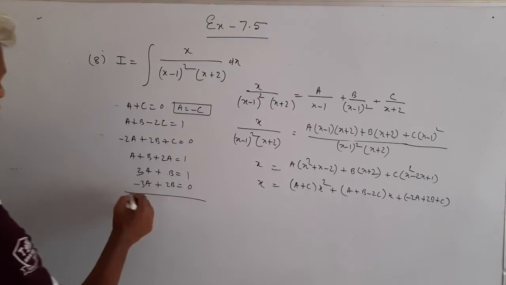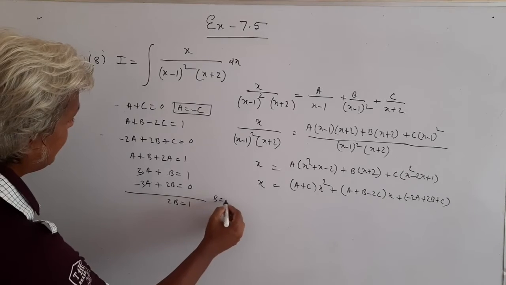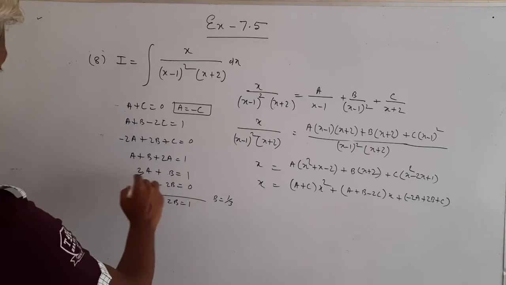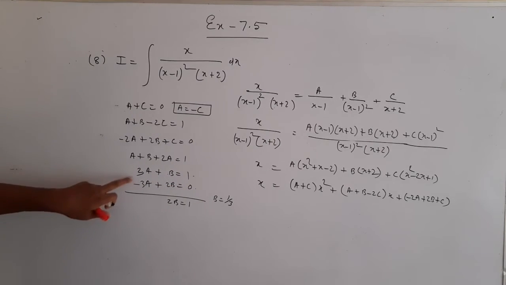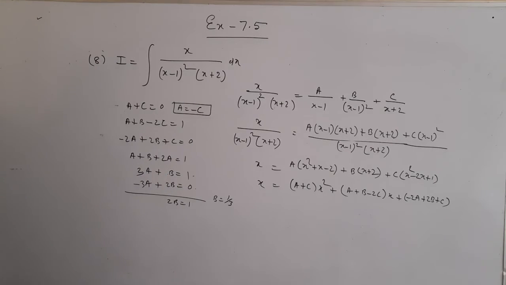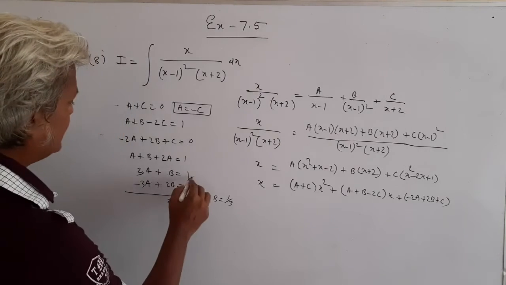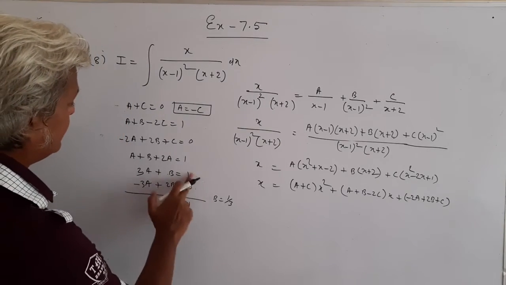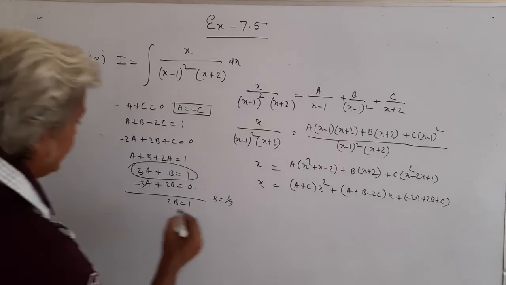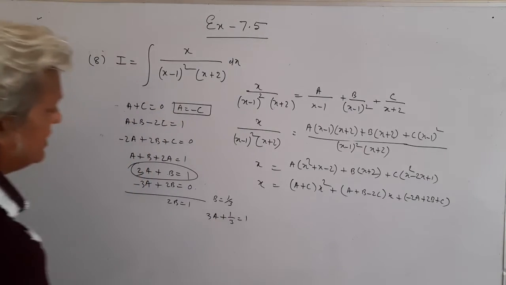Now I solve these two. So a cancels, you get 3b as 1. It means b is 1 by 3. Now put the value of b in any of these equations and you will find the value of a. So 3a plus 1 by 3 is 1.